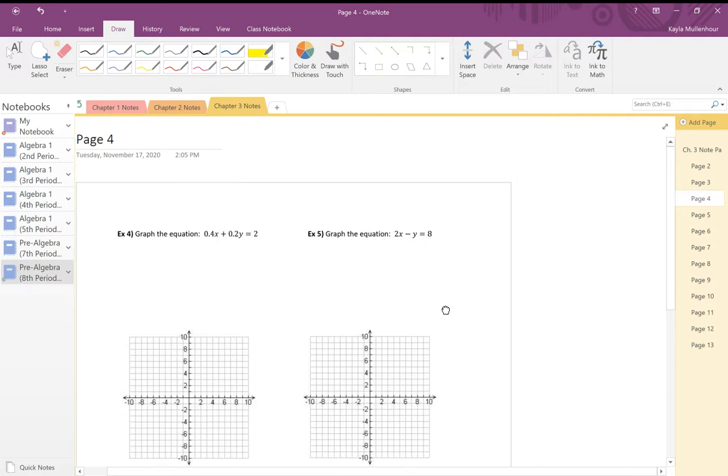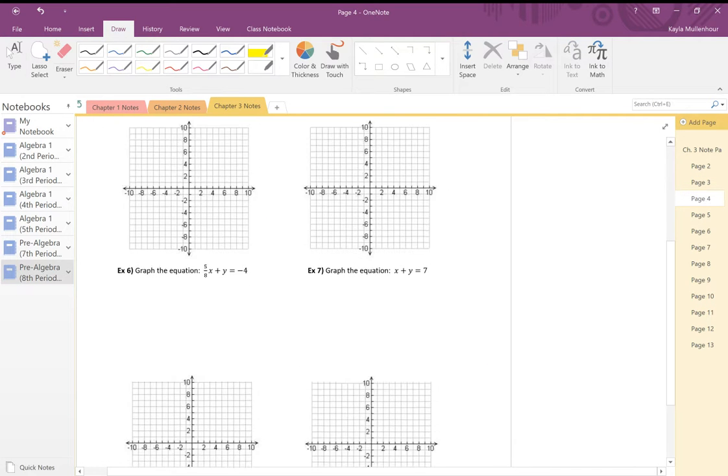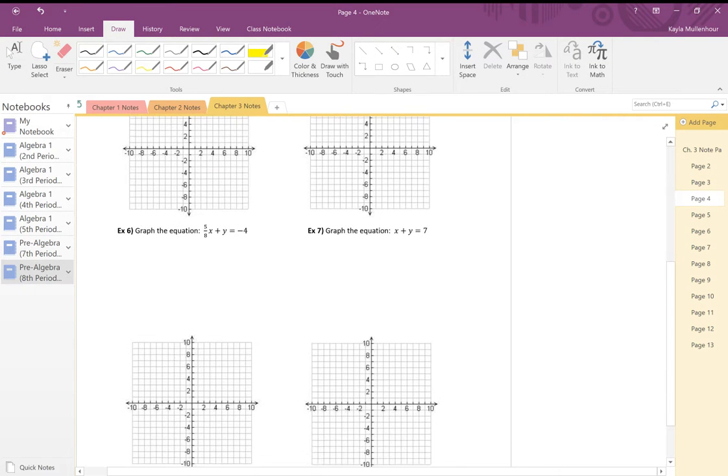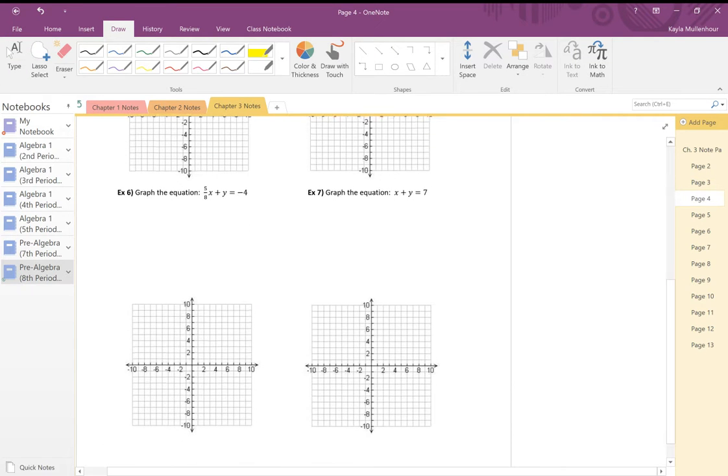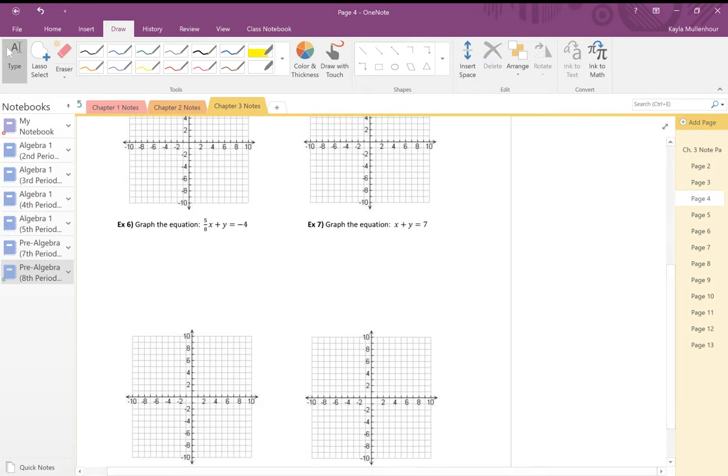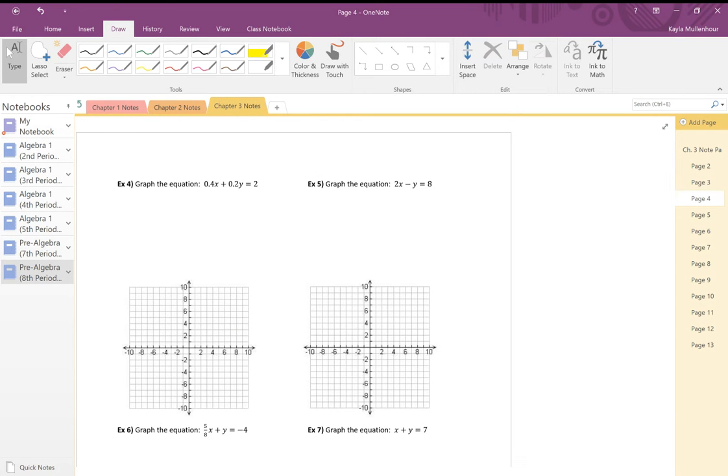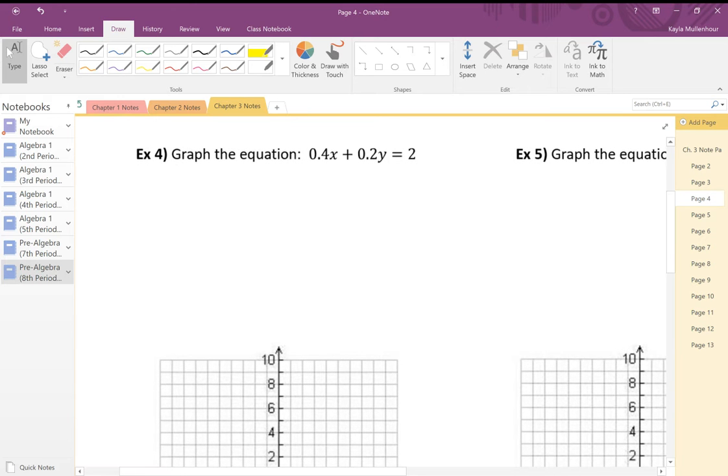The next page. Even with decimals, you're still doing the same thing. I'll do example 4 with you as well. To find the x-intercept, let y equal 0.